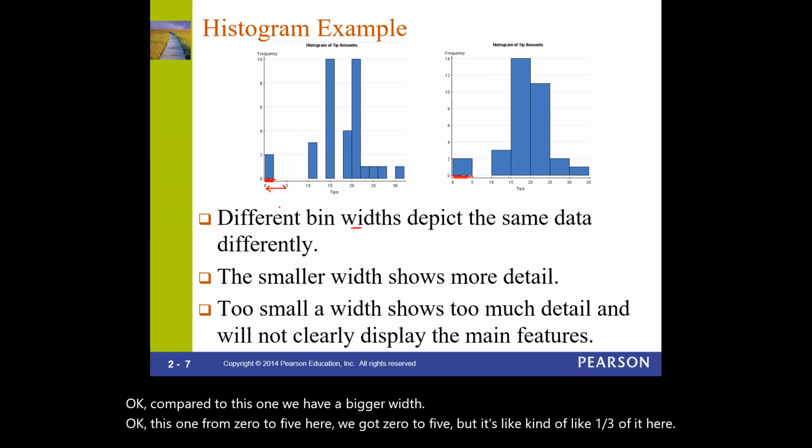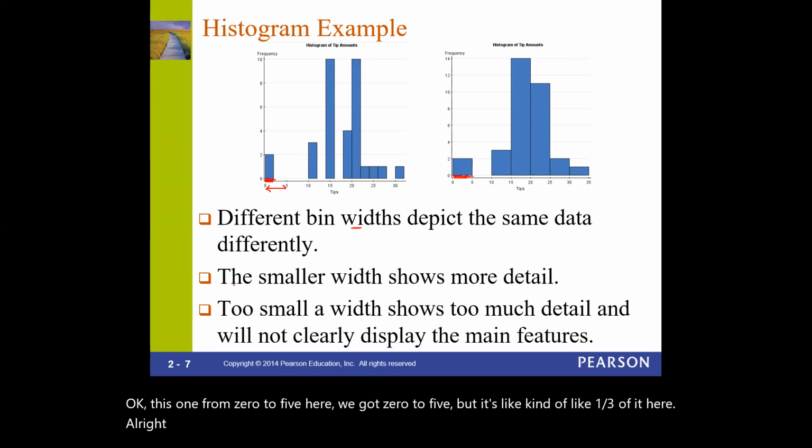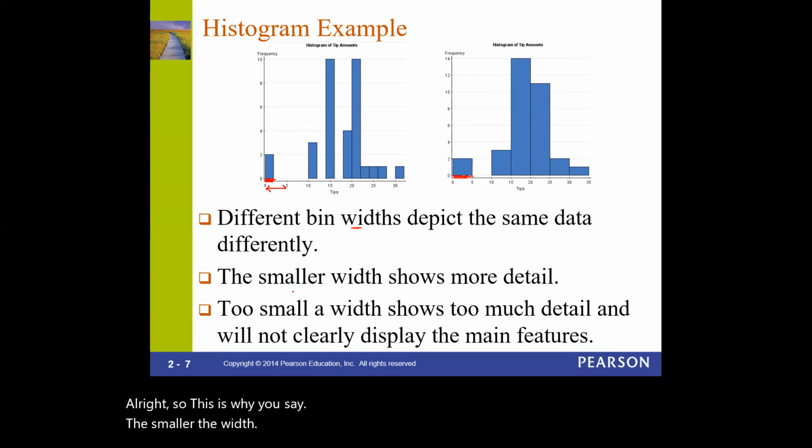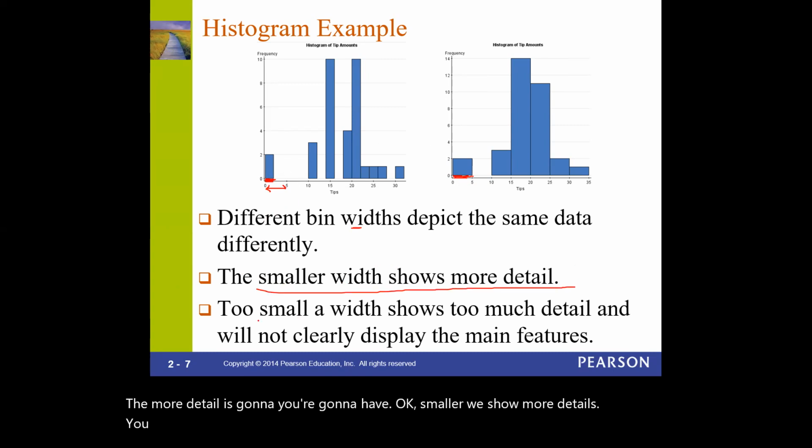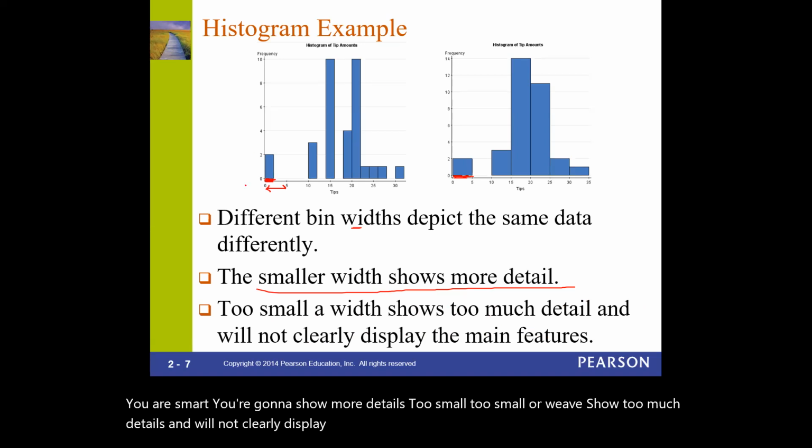All right. So this is why you say the smaller the width, the more detail you're going to have. Smaller width shows more details. Too small a width shows too much detail and will not clearly display the main feature. As you can see here, it doesn't show too much of the feature of the data.